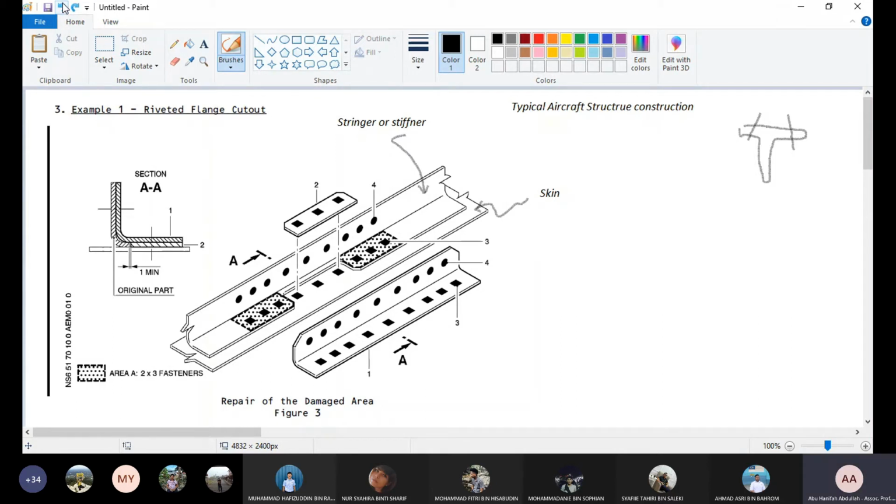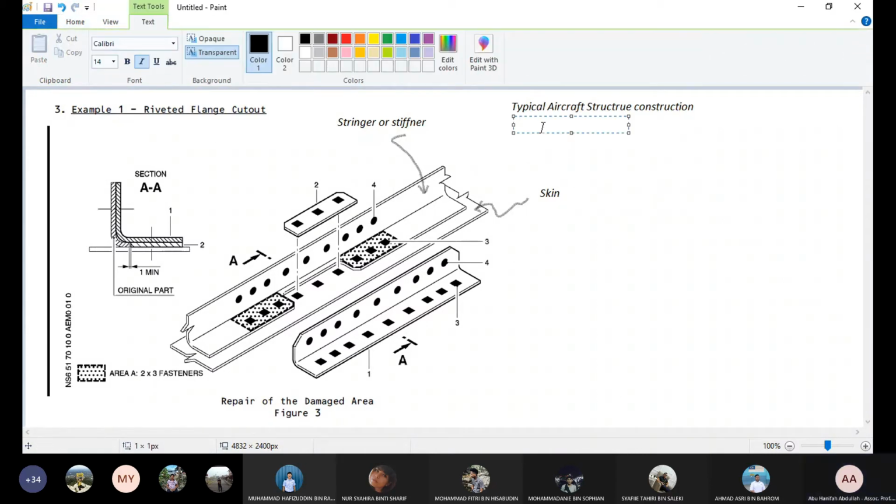So if we have damage to the flange, any damage to be removed because the damage may grow. Damage could be like crack, erosion, so you need to cut them off.